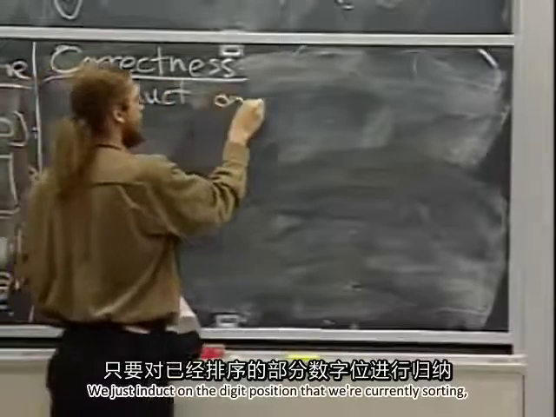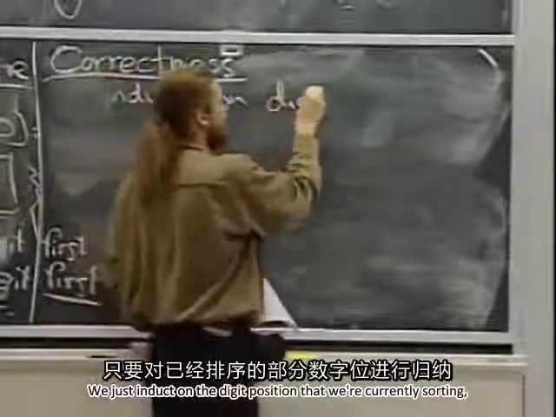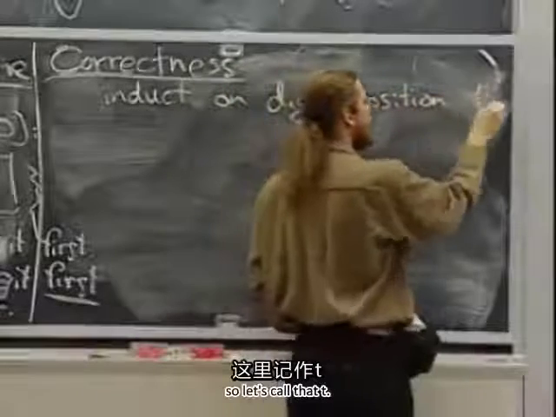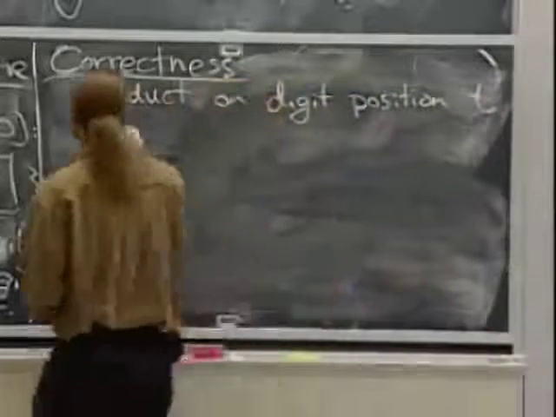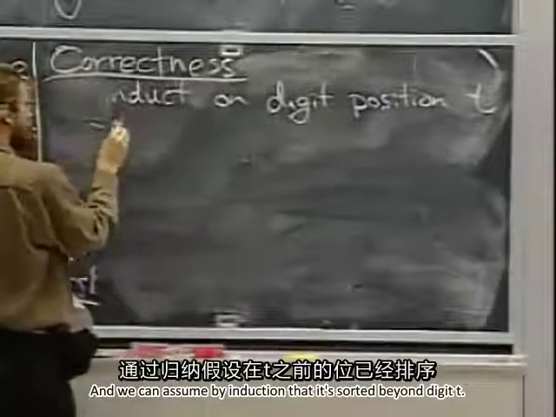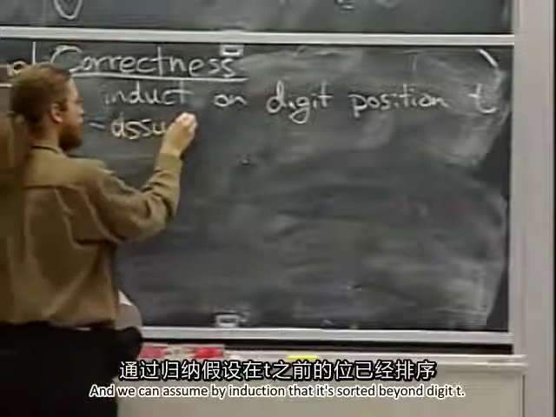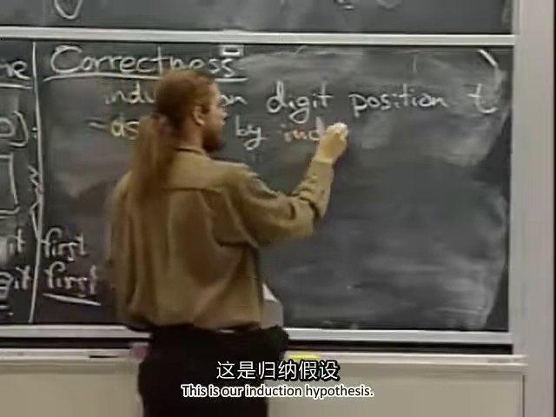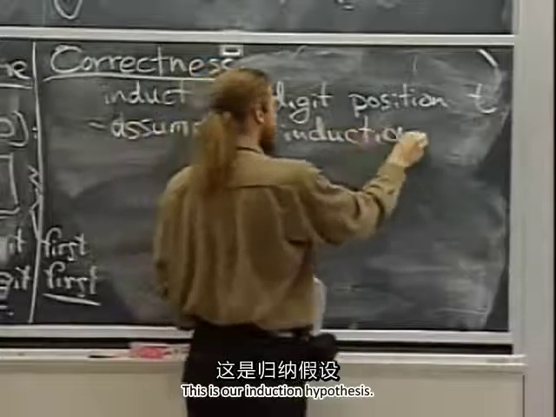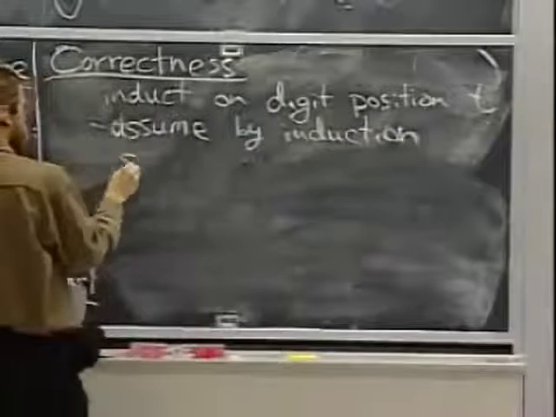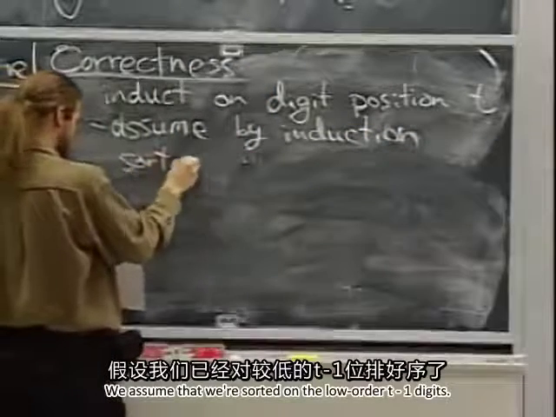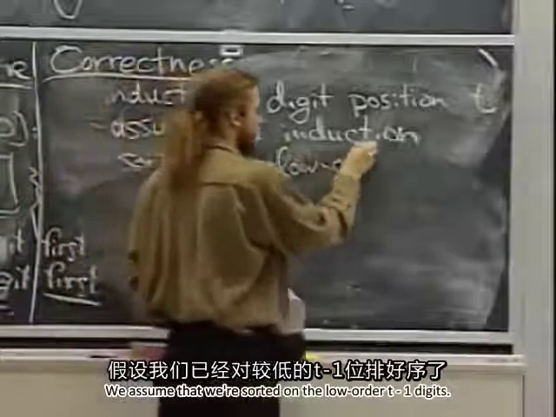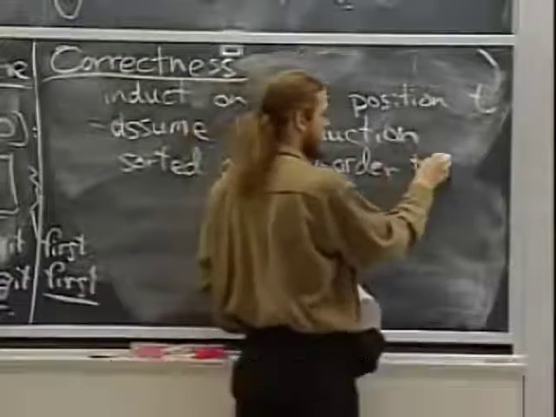We just induct on the digit position that we're currently sorting. So let's call that t. And we can assume by induction that it's sorted beyond digit t. This is our induction hypothesis. So we assume that we're sorted on the low order t minus 1 digits.